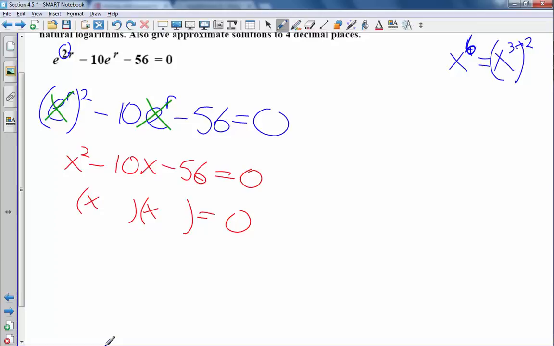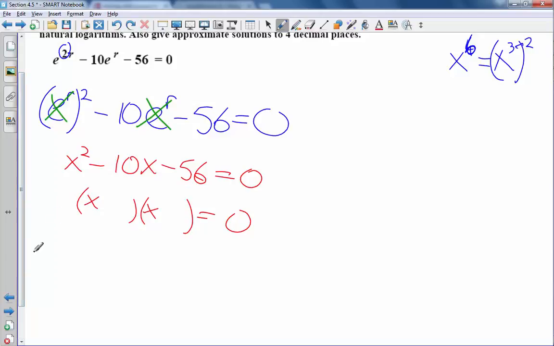I know x squared breaks as x times x. How do you break 56 into two pieces? When you add those two pieces, it's going to make minus 10. What two numbers multiply to 56, add to minus 10? Negative 14 and 4. I was thinking 7 and 8.